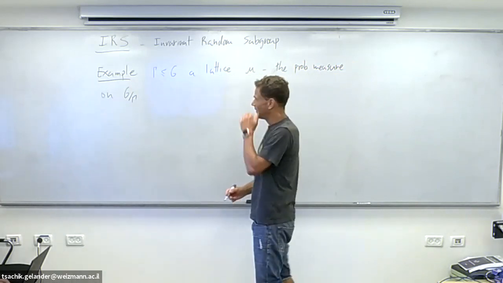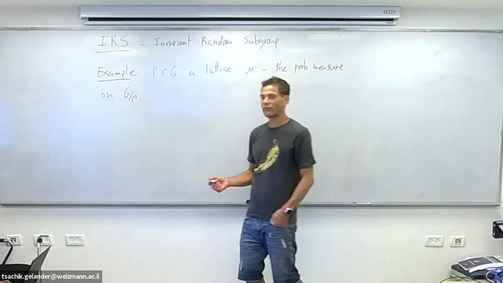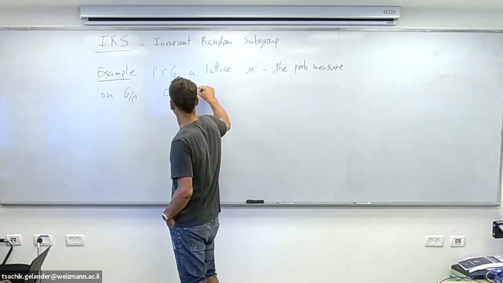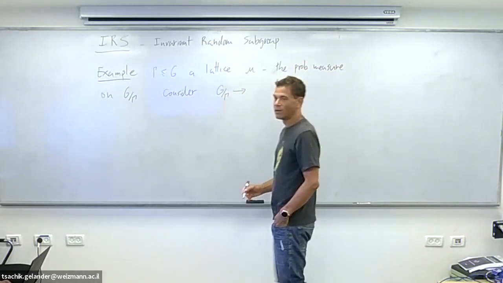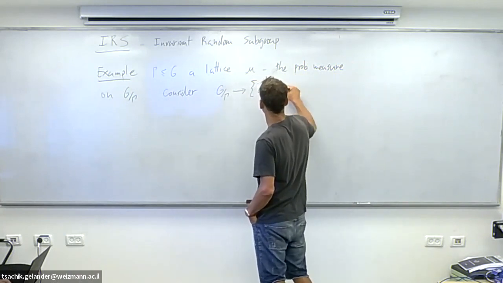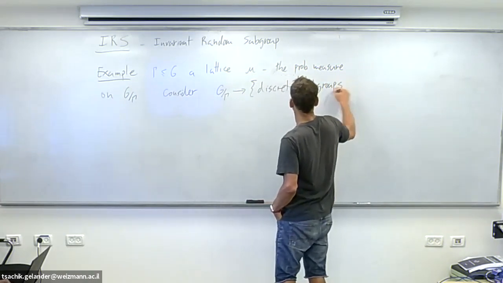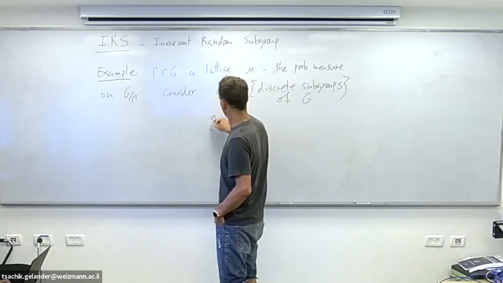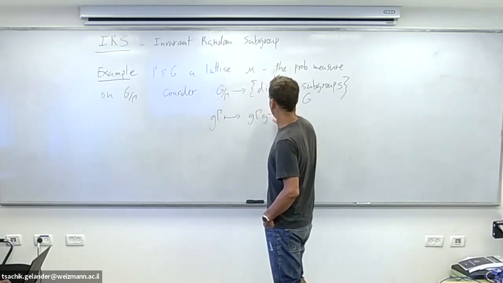So you can think of it as a probability measure on the conjugacy class of gamma. Consider the map from G mod gamma to the set of discrete subgroups of G, and the map sends the coset g gamma to the conjugate of gamma, g gamma g inverse.